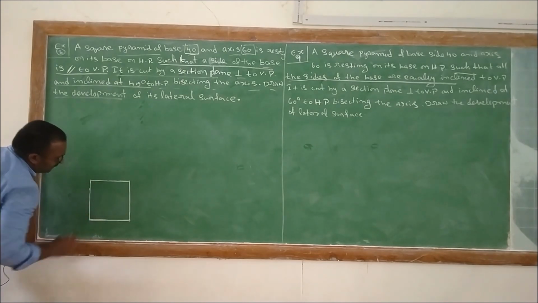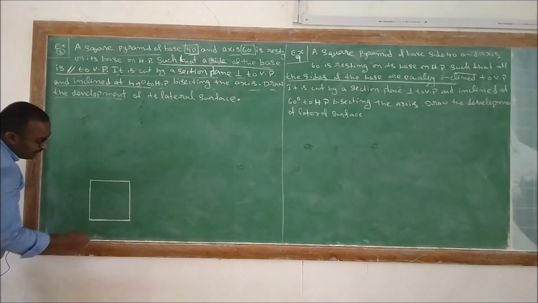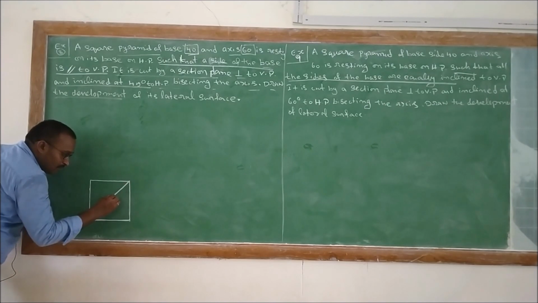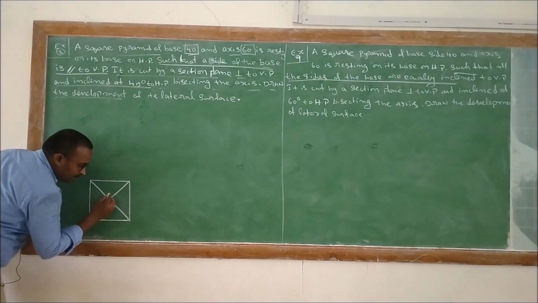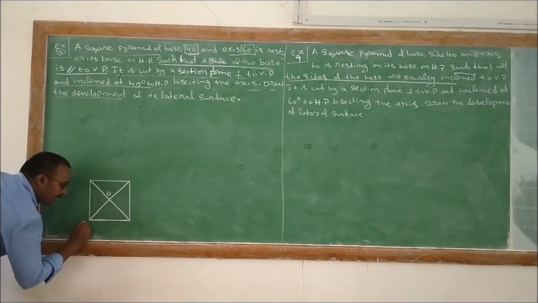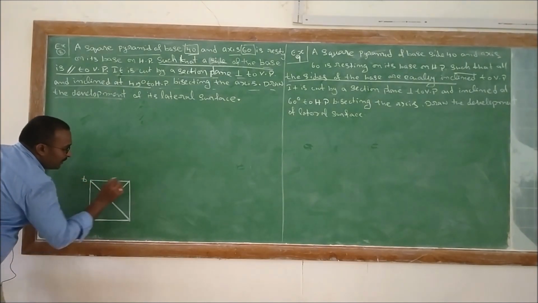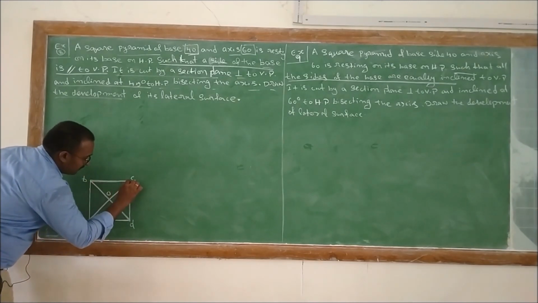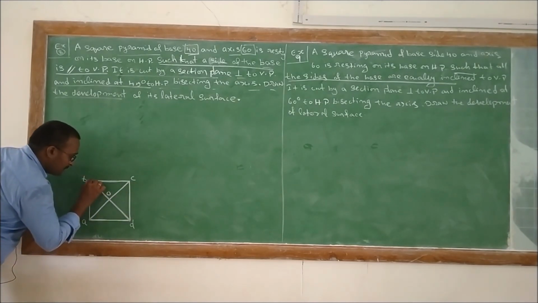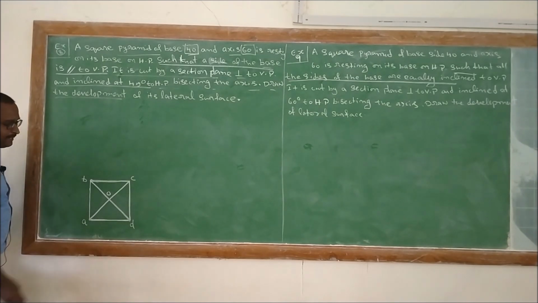So here this is the square pyramid initial position, right? So we must darken the center point O. Here it is A, B, C, then D. Right? So here it is center point O.